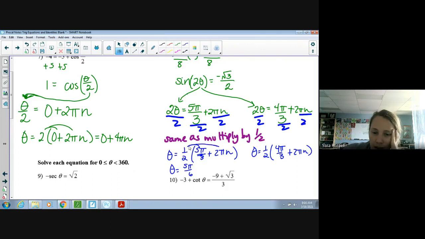And 1/2 times 2 pi n is just pi n. You can see that here too if you like to do the dividing part, but that's just going to be pi n. And then 4 pi over 6 plus pi n.